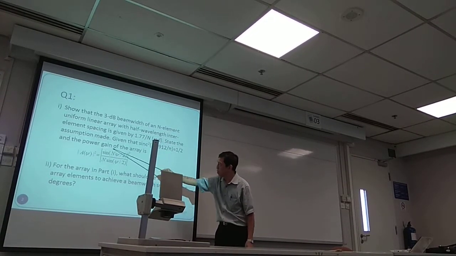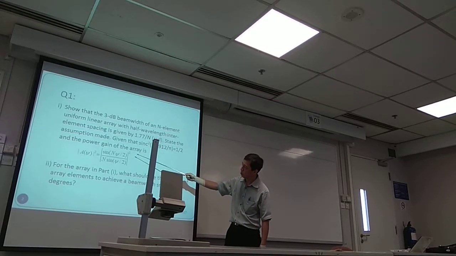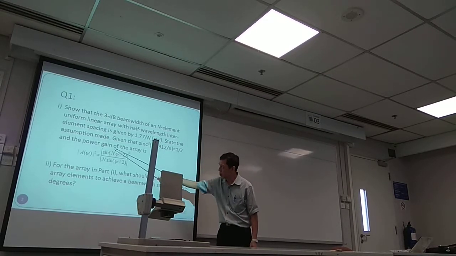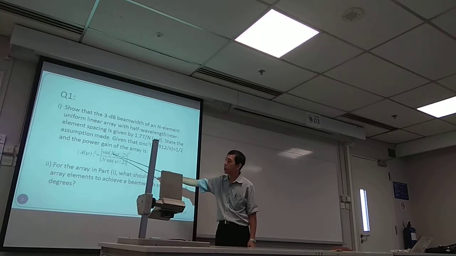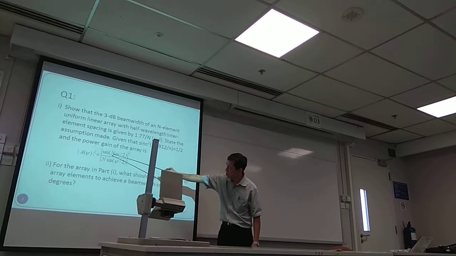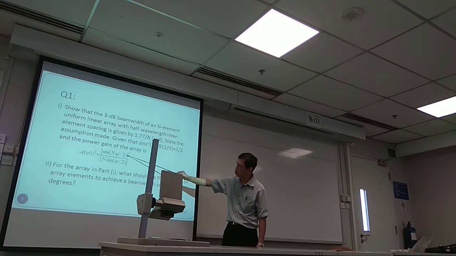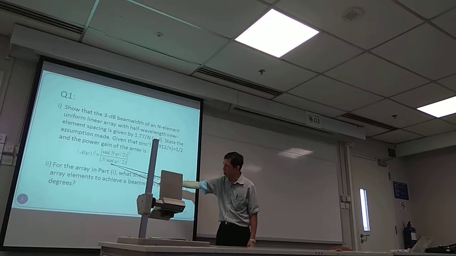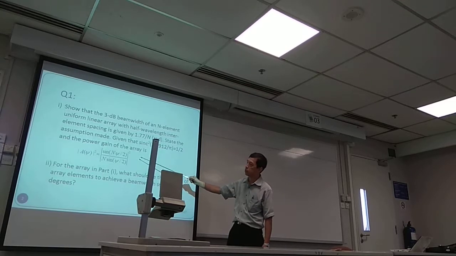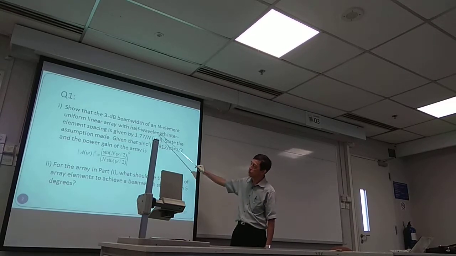So the power gain of the array, this is something that we've been talking about, is given by the ratio of the two sine functions. In the numerator we have n psi by 2, but for the denominator we have psi by 2. Okay, so this is for the first part.